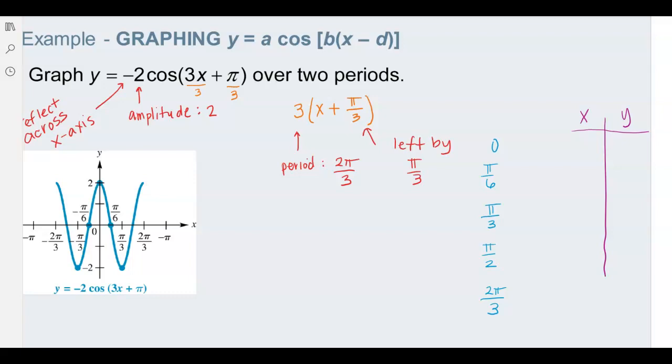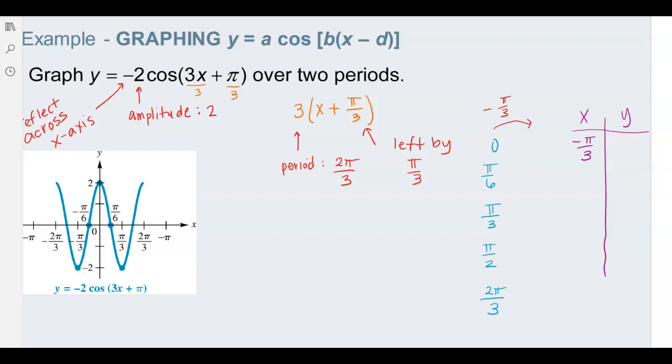Now what I'm going to do is subtract pi over 3 from all of these values to shift everything to the left. So in the calculator, I'll have negative pi over 3 as my first value here. And then I'll do 1/6 minus 1/3.